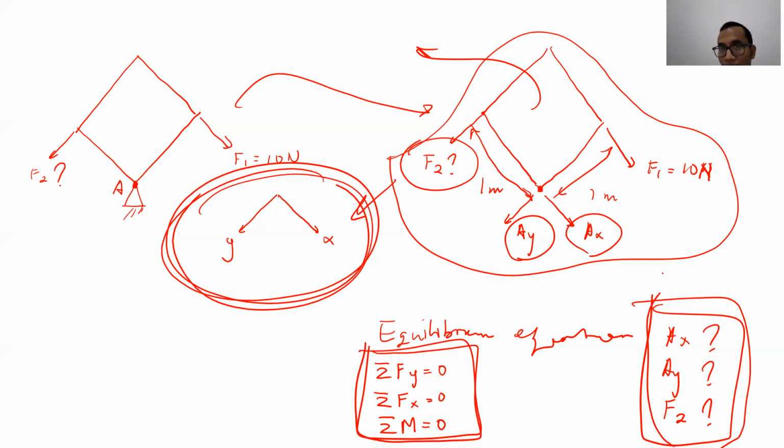Maybe we can move the force from F1 to Ax. Nah, you don't have to move the force anymore, because this is equilibrium. When we talk about equilibrium, the total force in the x direction is handled by this equation. The total force in the y direction is handled by this equation.